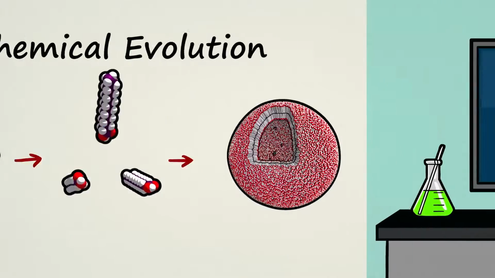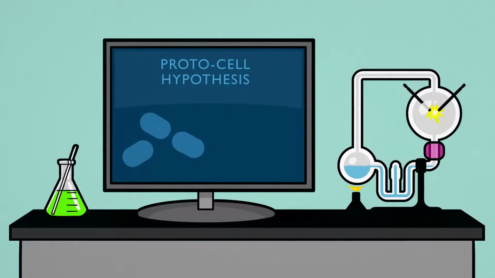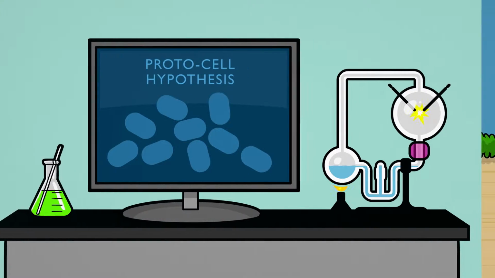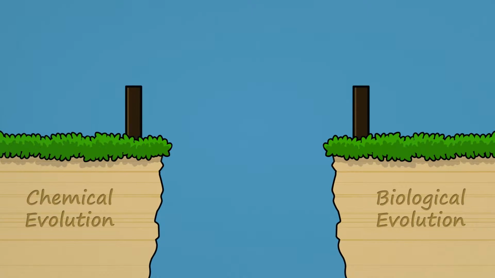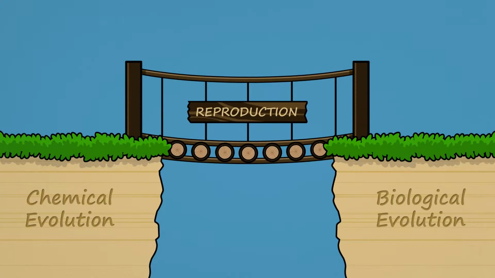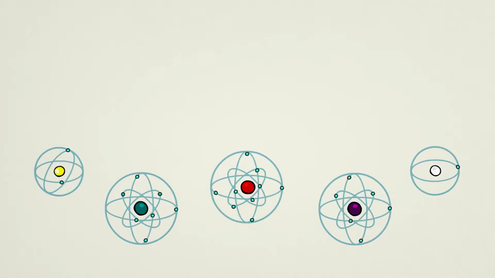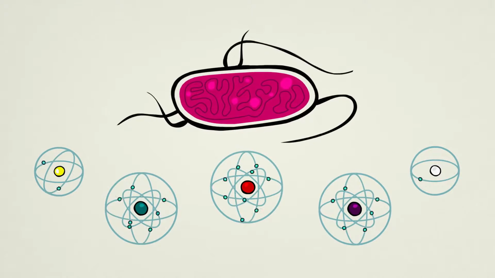Because of this, scientists hypothesize that under the right circumstances, chemical evolution could give rise to systems that are fully capable of reproduction. If they are correct, this would bridge the gap between chemical evolution and biological evolution, demonstrating that chemistry can indeed give rise to life.